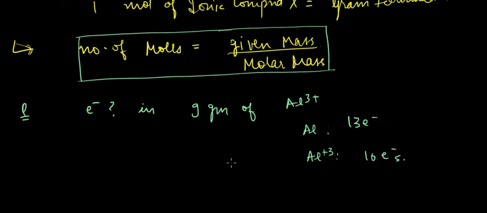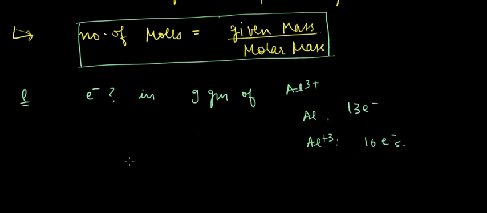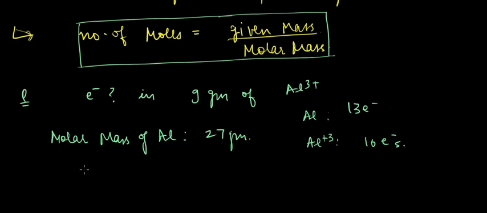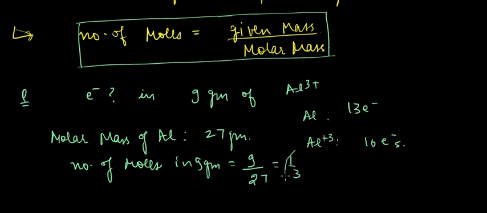Now as you can see, the molar mass of aluminium would be 27 grams. The number of moles in 9 grams of aluminium would be 9 divided by 27, which is 1 by 3.